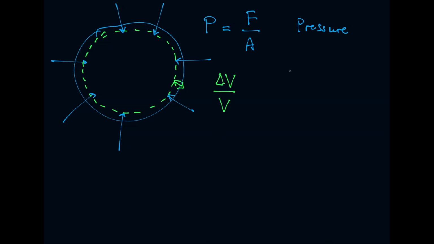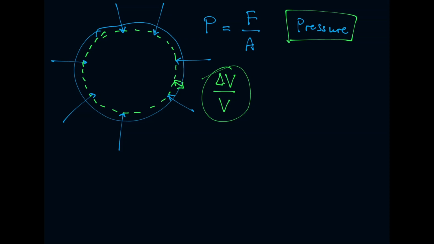And so the key quantities are then pressure, or volumetric stress, if you want, and delta V over V, the percentage change in volume, or volumetric strain, as it were.